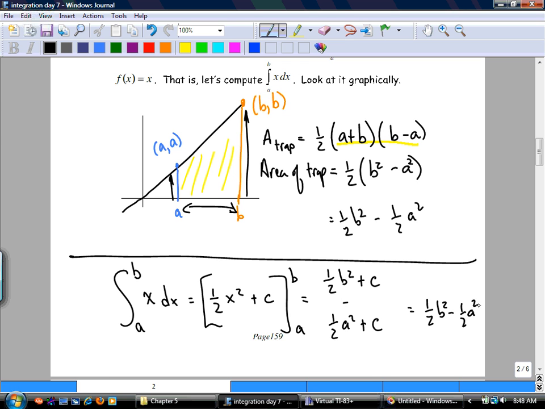So, Mr. App, do I really need to do Riemann sums to find areas? No. All I need to do is find the antiderivative and then substitute the two numbers in for x and subtract those numbers, and it will give me the area between the points that I'm interested in.